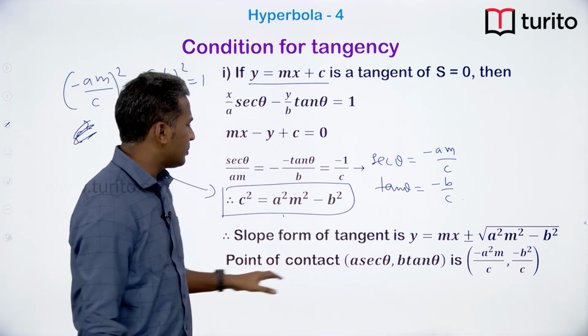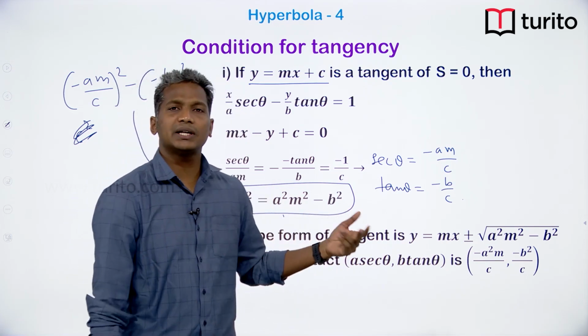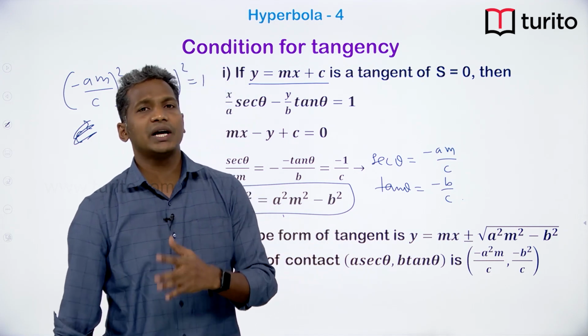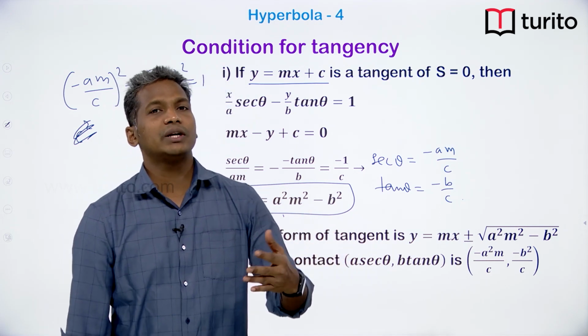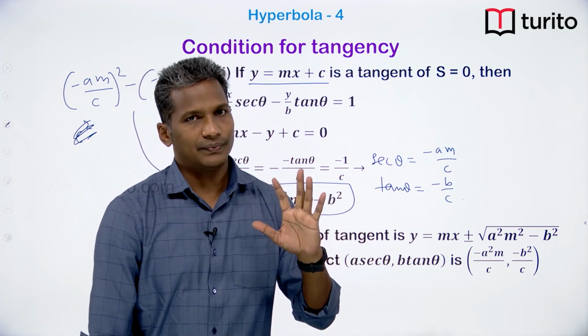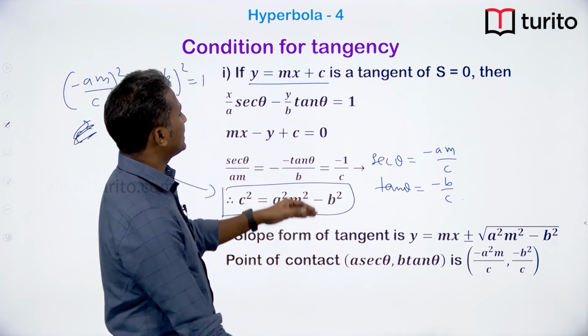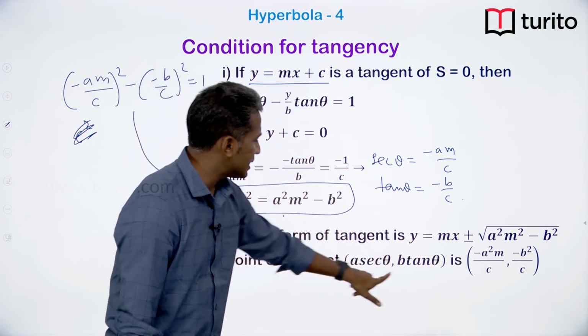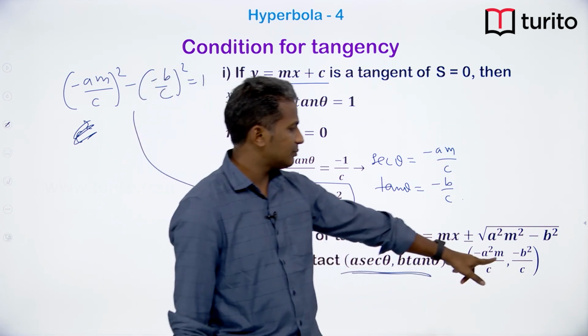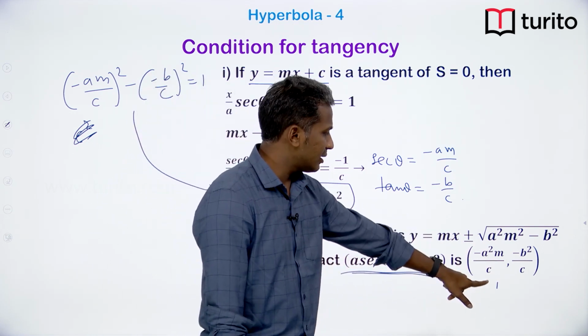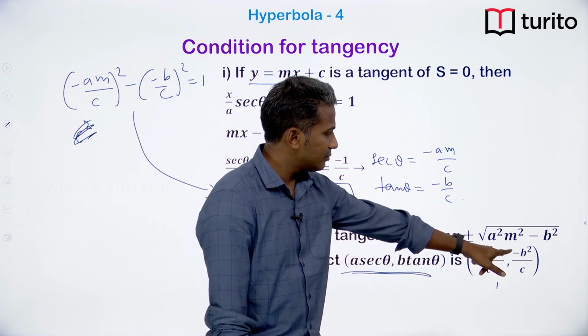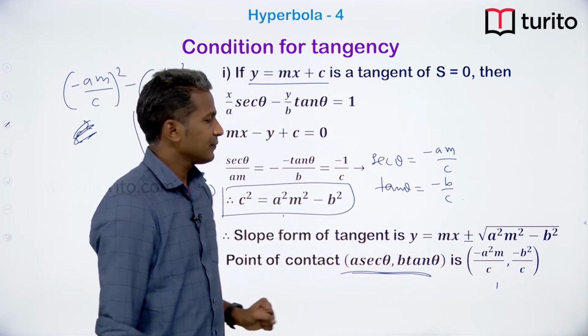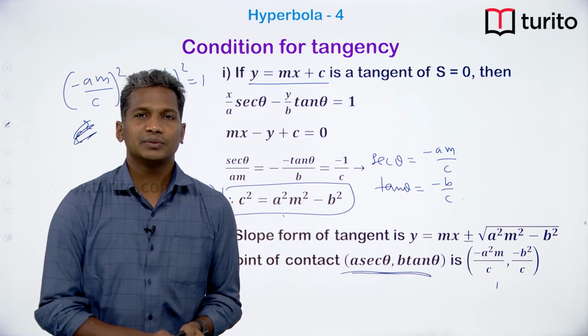So, you do not have to remember every formula, as and when time comes and as and when it is required, you can derive it, you can solve it without using the formula also. Okay. But by directly comparing, by substituting this sec theta and tan theta in this (a sec theta, b tan theta), we can get the point as (minus a square by c into m, minus b square by c). Okay. So, this way also we can find the point.